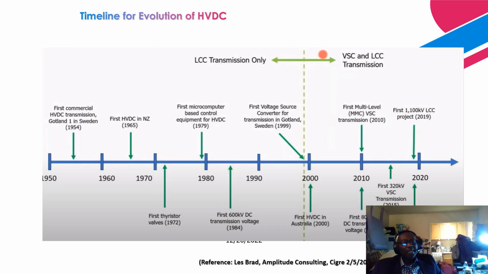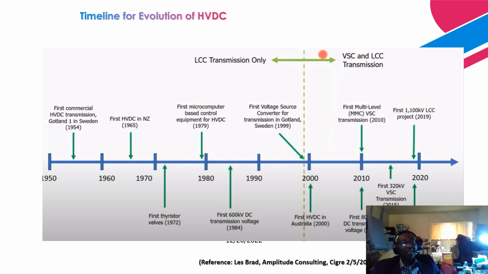In between that, there was something called capacitor commutated converters, CCC. Remember I made mention that it was introduced to mitigate some of the drawbacks of current source converters like LCC, because capacitor commutated converters provide reactive power. Remember I mentioned that current source converter LCC requires about 60% reactive power.